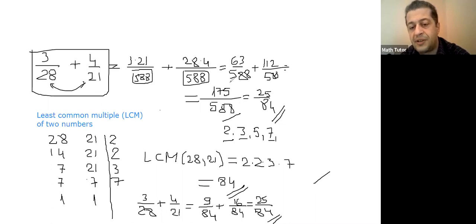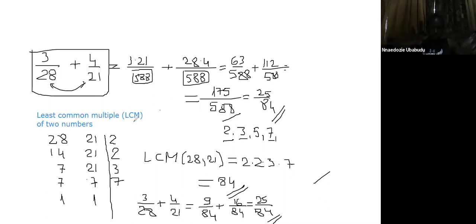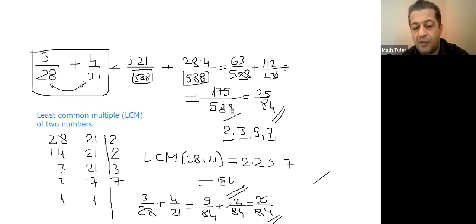The result maybe should be further simplified again, and it is pretty hard compared to this method that involves finding the least common multiple at the beginning. So what does it mean, the least common multiple? The smallest possible number that can be used as a common denominator in these two fractions.